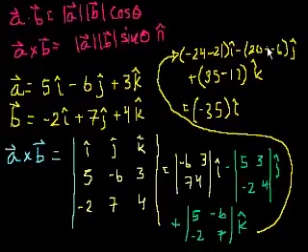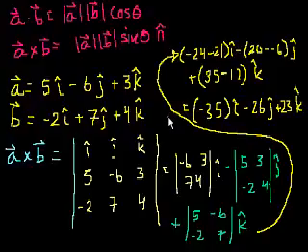Well, that's 20 plus 6, so 26, but then we have a minus out here, so minus 26 J. And 35 minus 12, that's 23, plus 23 K. So that's the cross product.